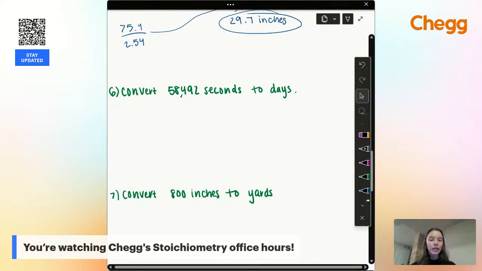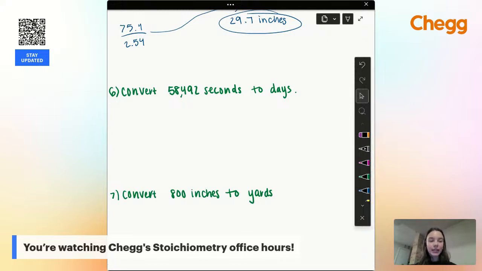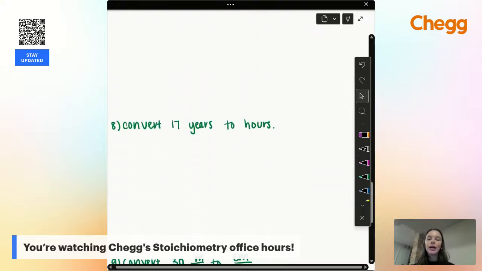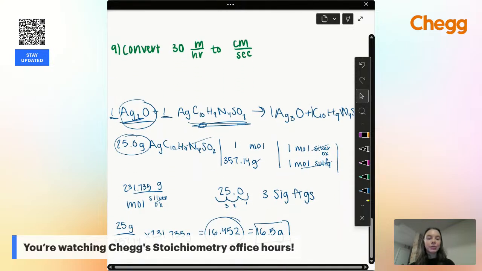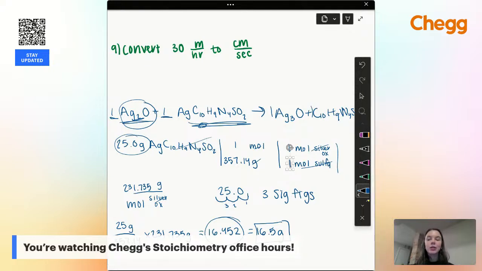We have a question, what are equivalent numbers? When I say equivalent numbers, it's from Shadab on YouTube, what I mean is whatever number we're given at the start. In the question that we just solved, we start with 25.0. However many sig figs that number has, we want an equivalent number of sig figs in our answer.